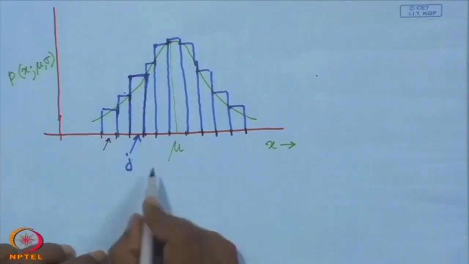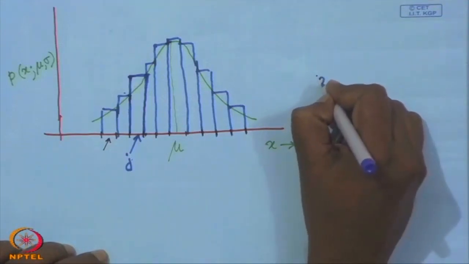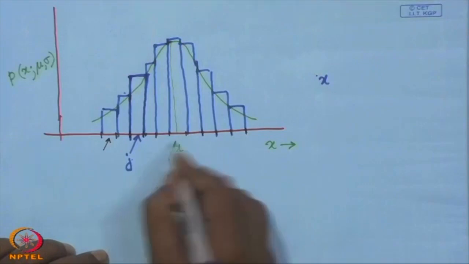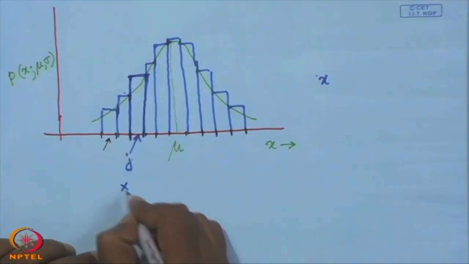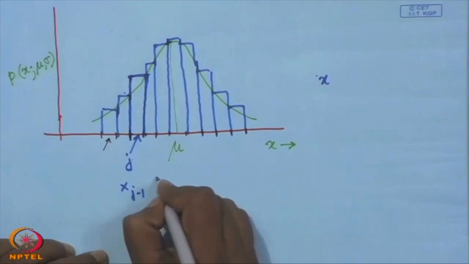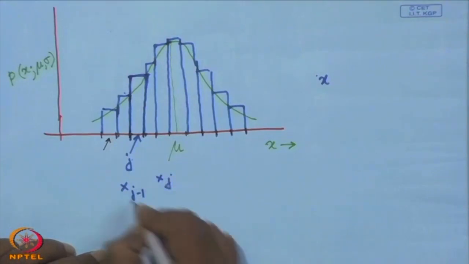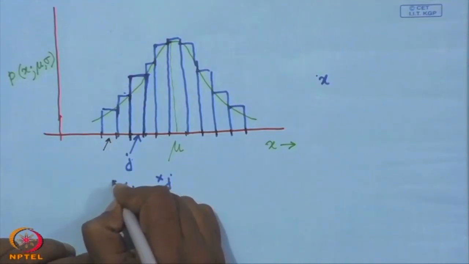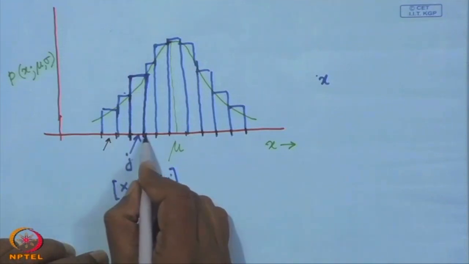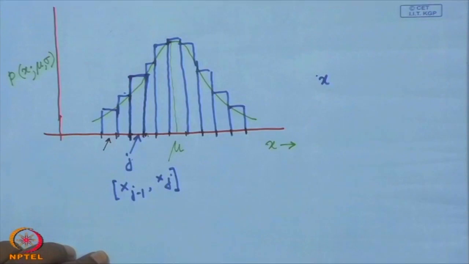Suppose the boundary of this interval is given by x j minus 1 to x j. These are the limits of this interval.